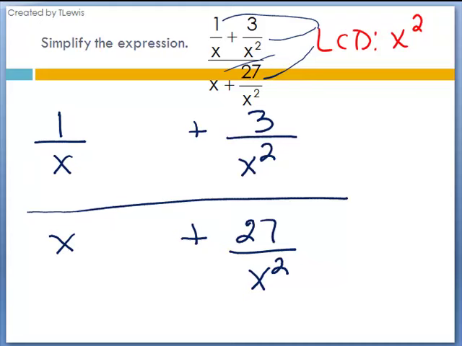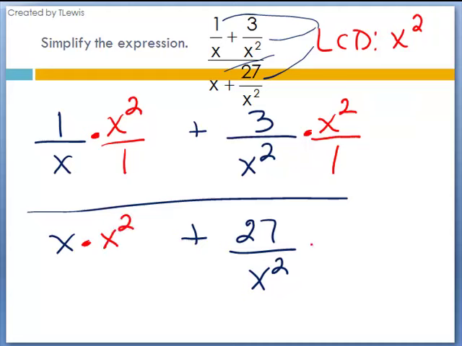We're going to take the LCD and multiply it to each term, and then we're going to simplify each term, meaning reduce it.